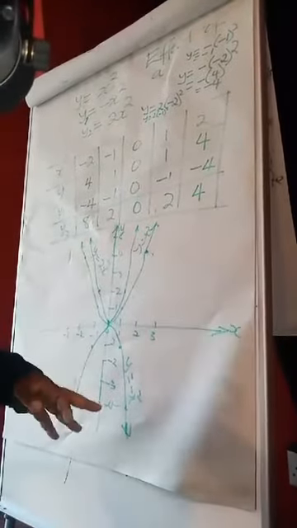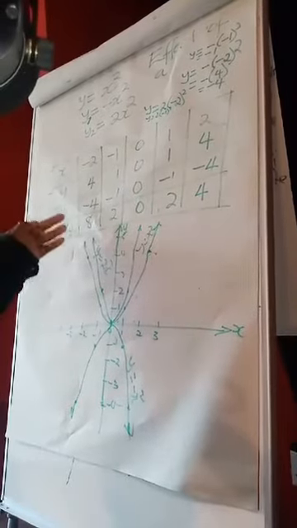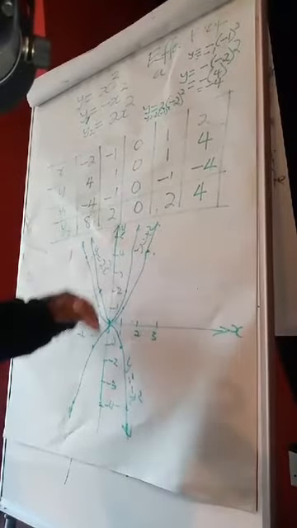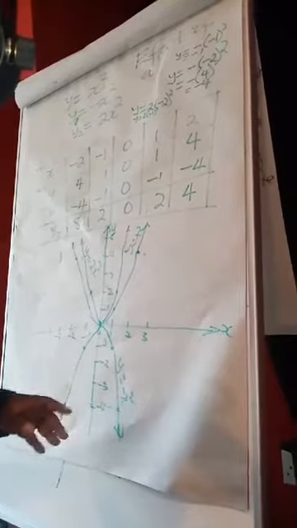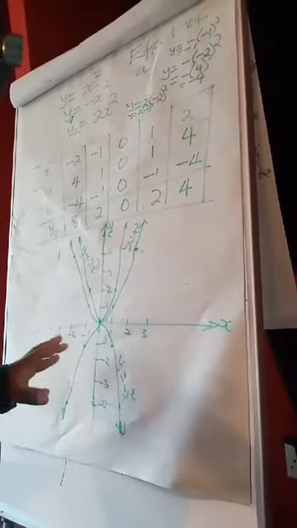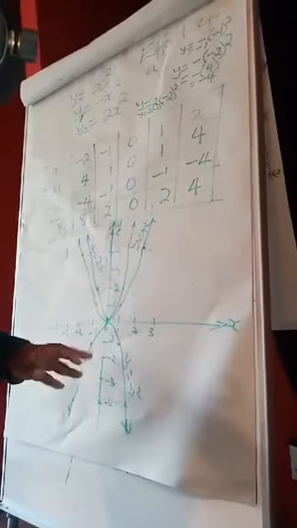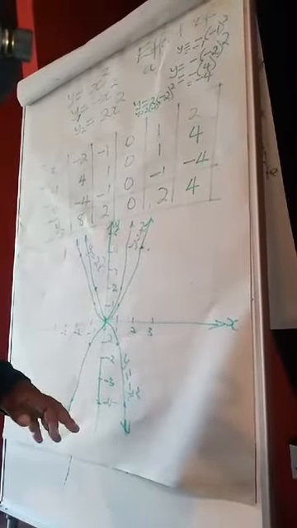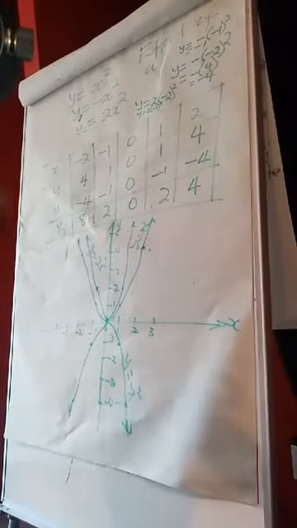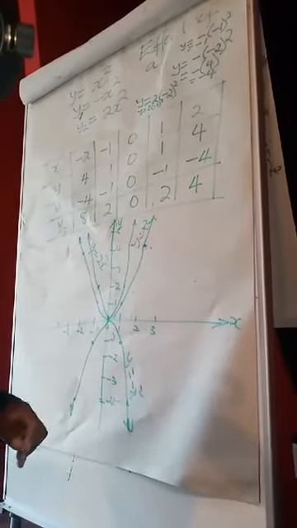Then the other one, which is y1, which is minus x squared, has a maximum turning point and faces down. Sometimes they refer to it as a frown. So the graph faces down, or it's like someone wearing a hat. That is the shape.